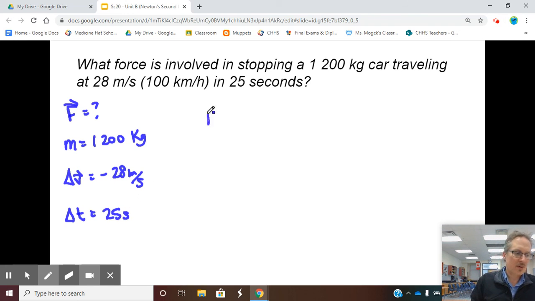Well, we have force equals mass times change in velocity over change in time.